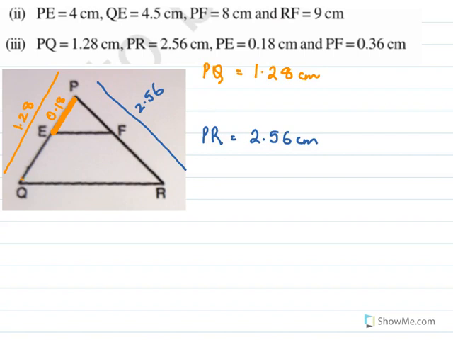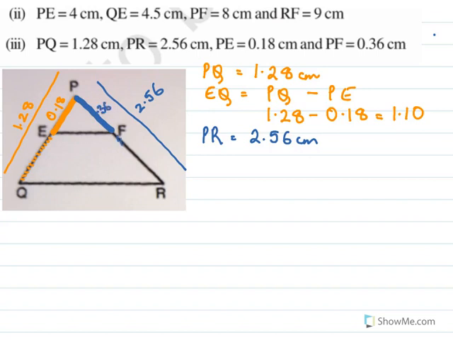Now we know PQ and we know PE. So we can now definitely find out QE. To find out EQ will be PQ minus PE. So PQ is 1.28 minus PE is 0.18, and that will be equal to 1.10. Now on the other side, here PR is given at 2.56 and PF, this is PF here, is given as 0.36.